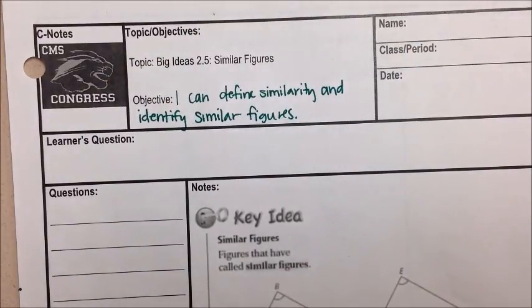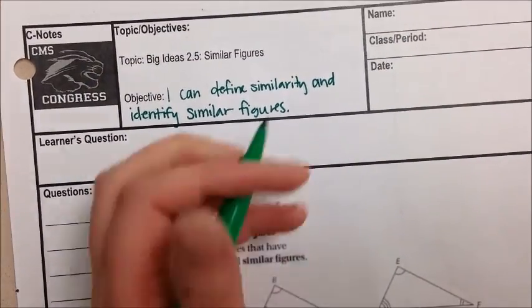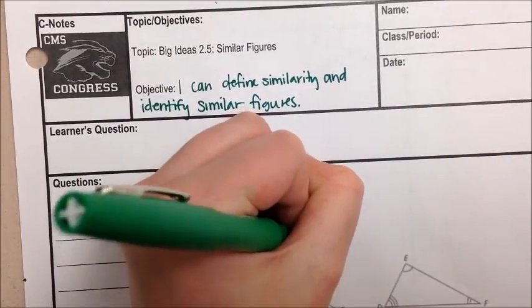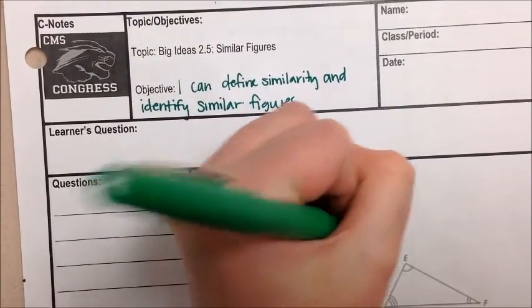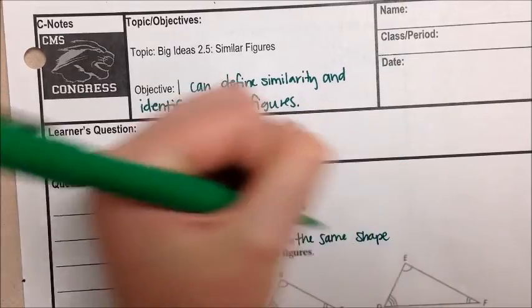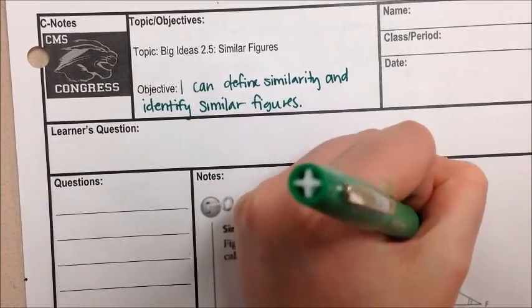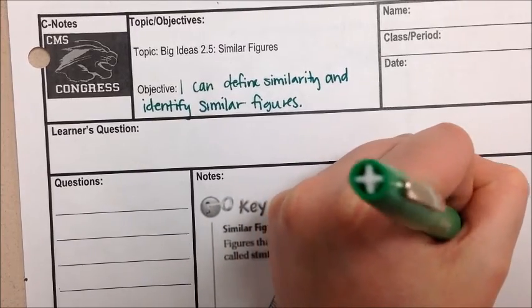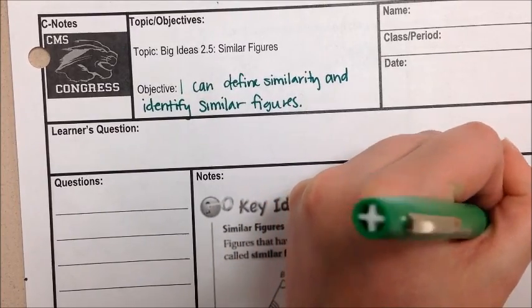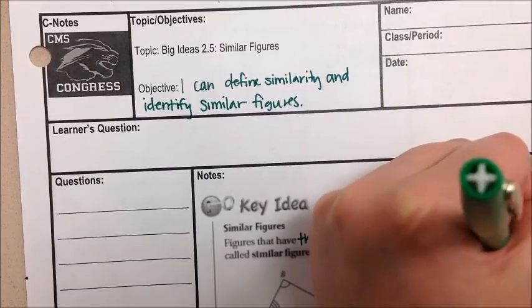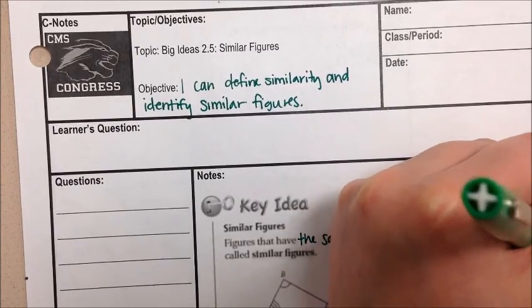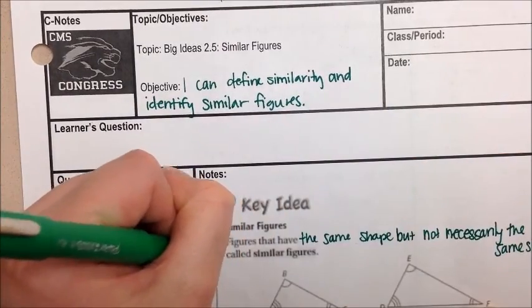Okay, so figures that have the same shape, but not necessarily the same size, are called similar figures.